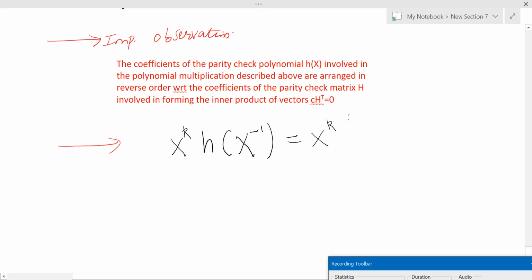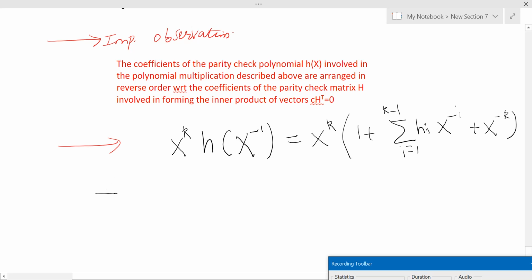X to the power k, then this is 1 plus summation i equal to 1 to k minus 1 h i, and then there will be here x to the power minus i, plus x to the power minus k.